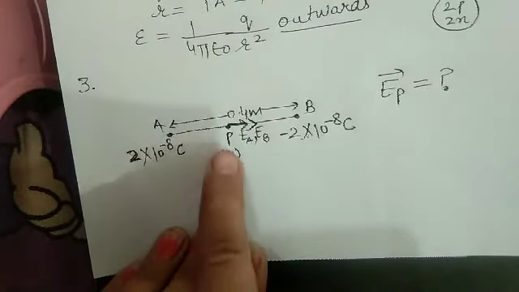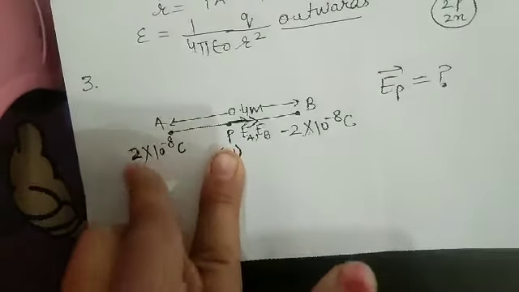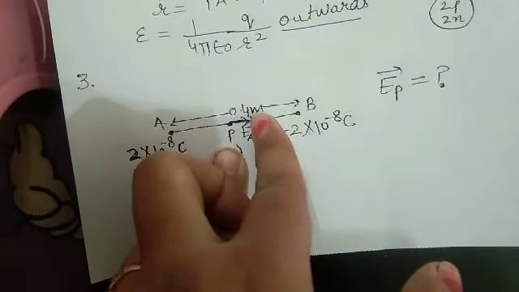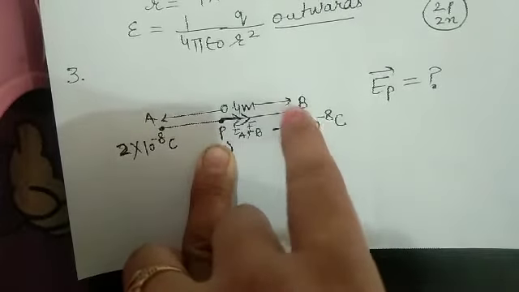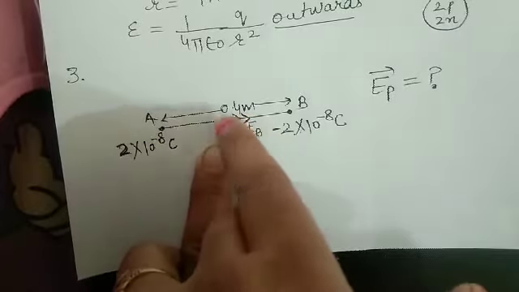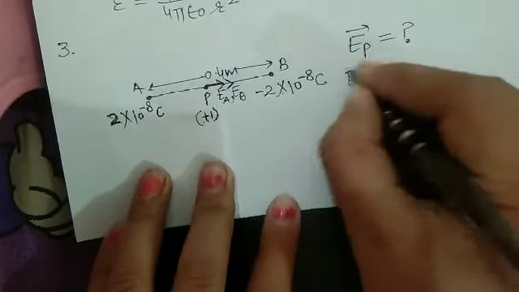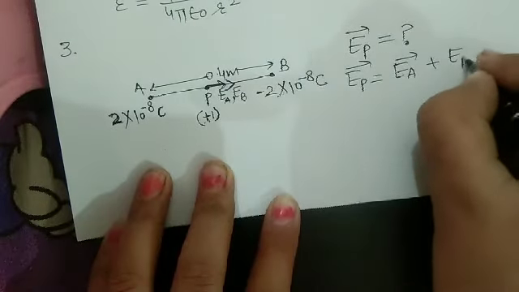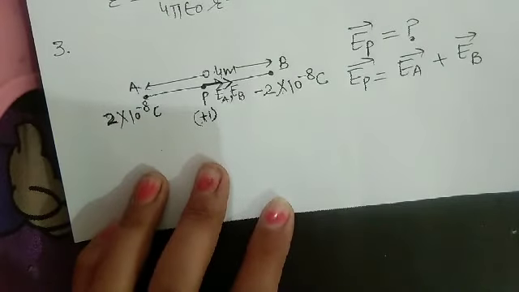If you are not supposing the presence of a positive charge, you can take the concept that if this charge is positive, then the electric field at this point will be outward. Clear? If this charge is negative, then where will the electric field be? Inward, towards this charge. Again, adding these two we will get the result. So what we have to calculate? EP, by sign consideration, I can write EP is equal to EA plus EB. So you can calculate EA and EB individually, and finally to get the result you have to add these two.